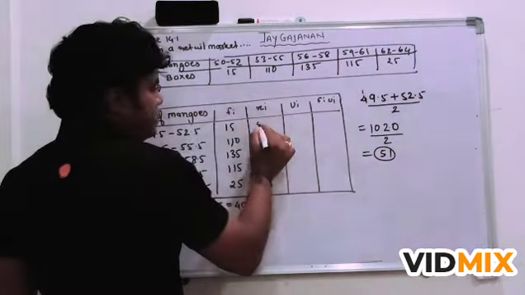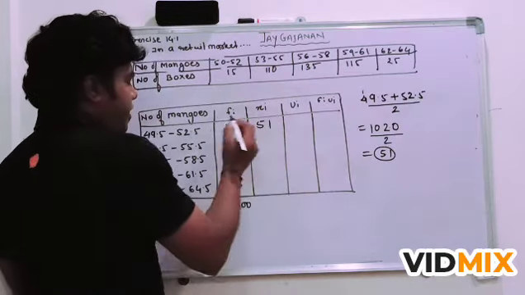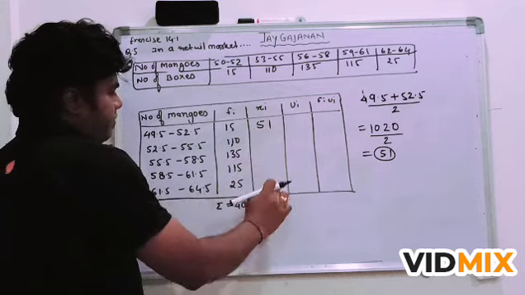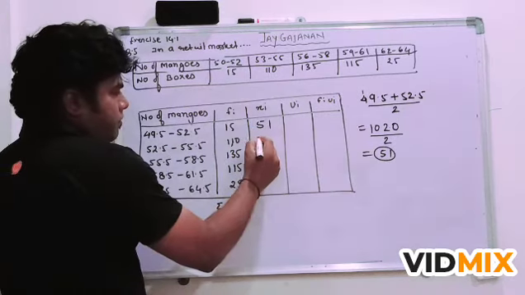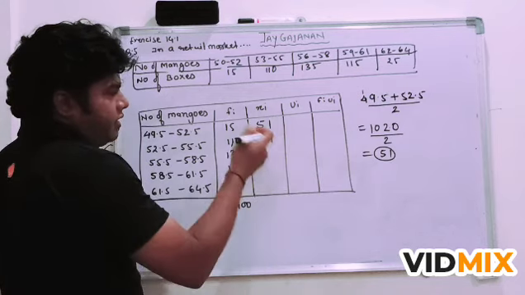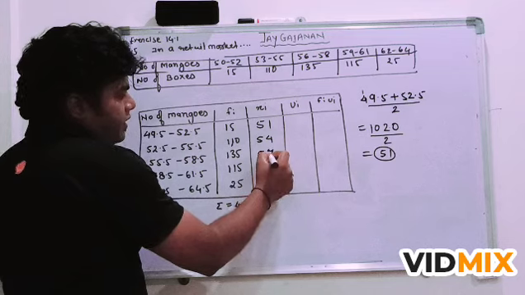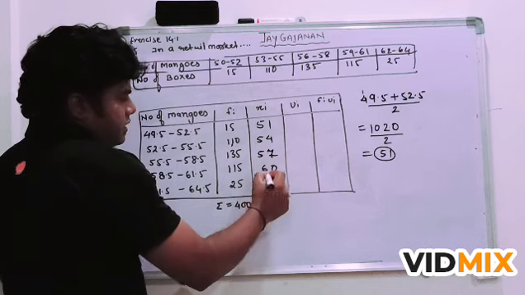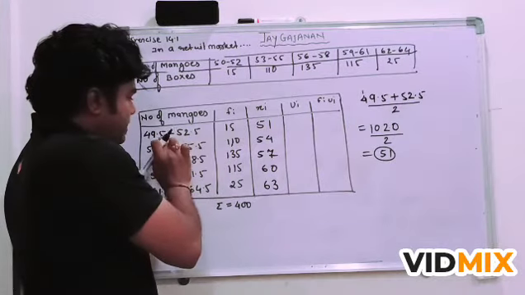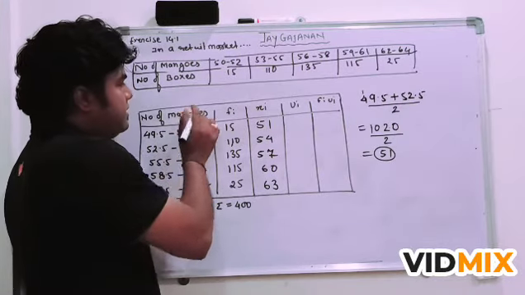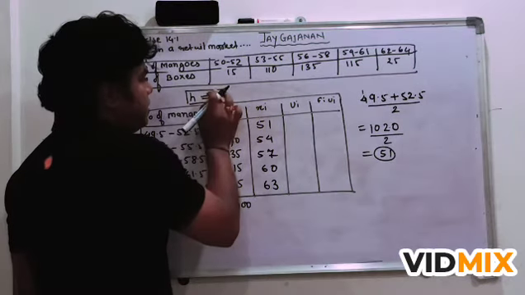So the class mark xi will be 51. In the same way, subsequently we write 51, then 54, increasing by 3, then 57, then 60, and then 63. From here we can see that the class size, h, is equal to 3.